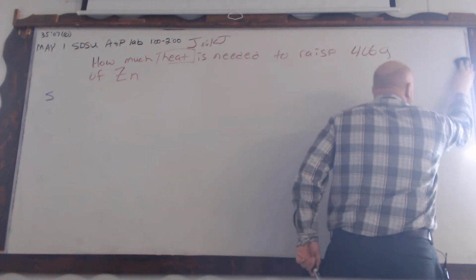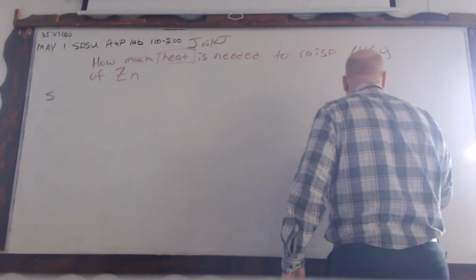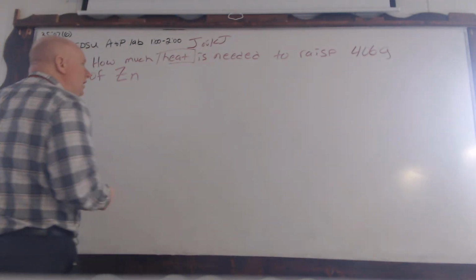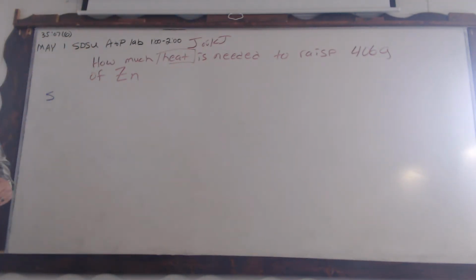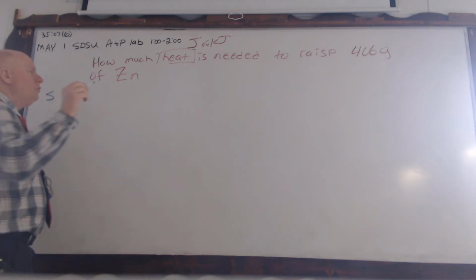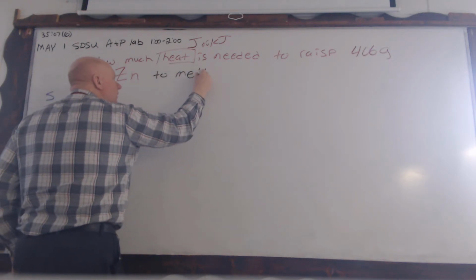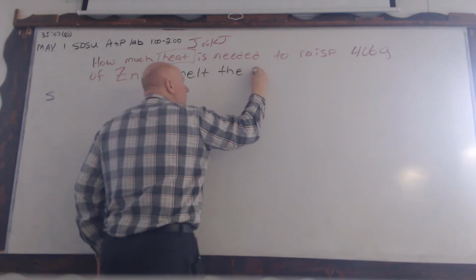So we can get rid of this substance or variables. How much heat is needed to raise 406 grams of zinc to melt the substance?